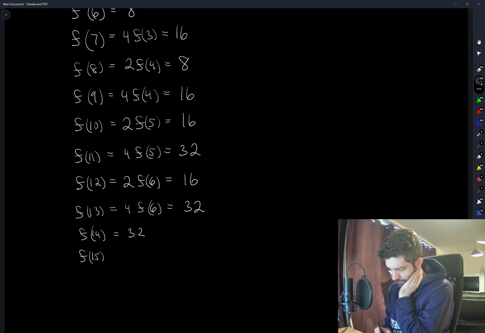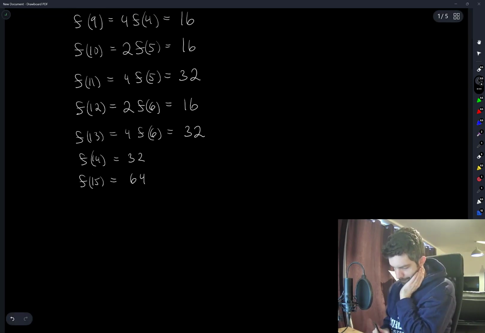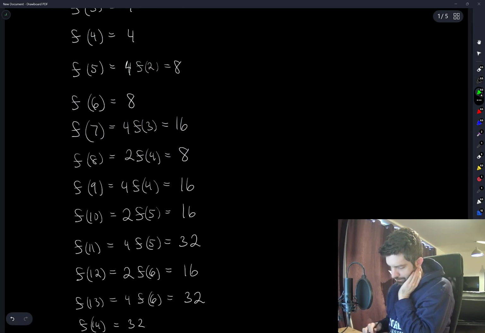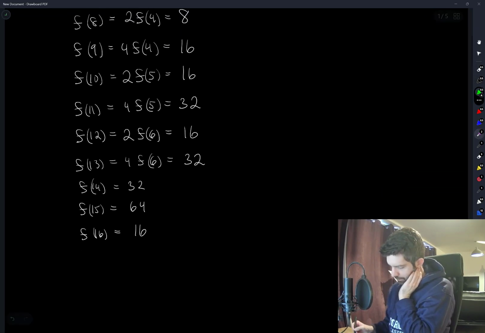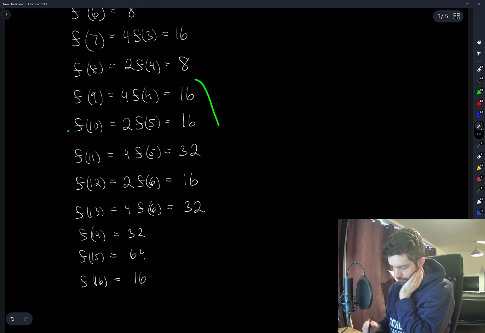F of 15 will be 64. And f of 16 will be 2f of 8, which is 16. And now for the rest of this list, as I complete these, I'll only ever be looking below here. So we'll always be multiplying 16 by something greater.